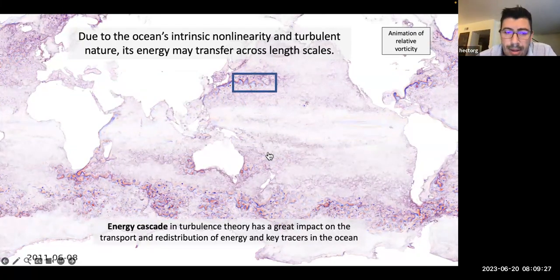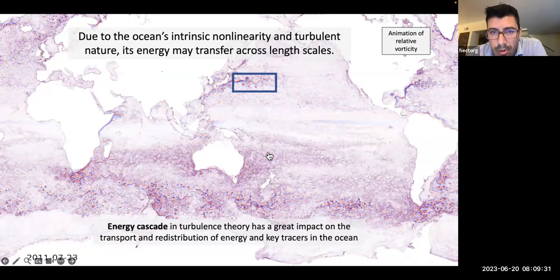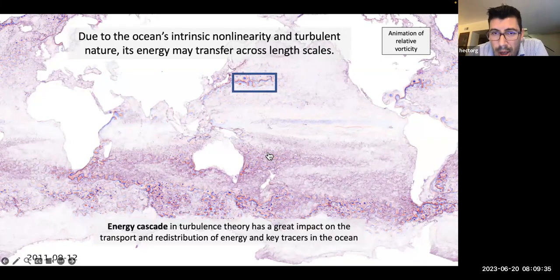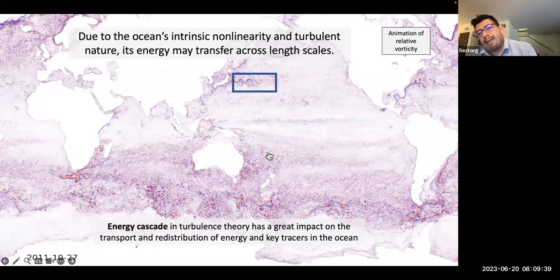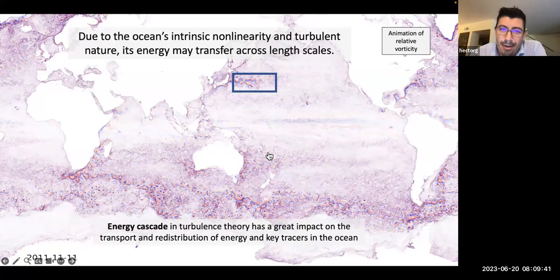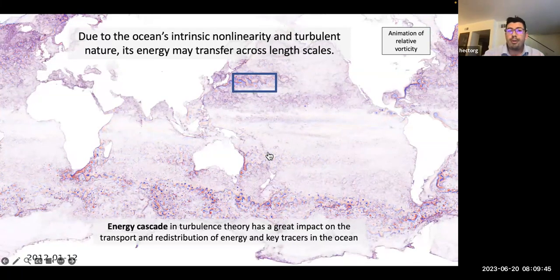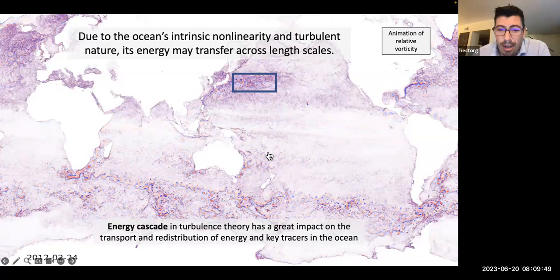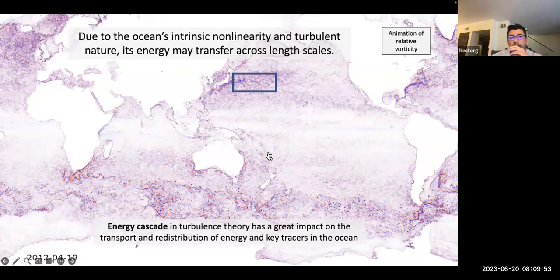The model that this time I'm going to use is the new coupled ocean-atmosphere simulation run by Dimitris and Andrea Molot. Something we found is that the kinetic energy fluxes computed from models depend on whether you're using a coupled or uncoupled simulation, as I'm going to show in the coming slides.